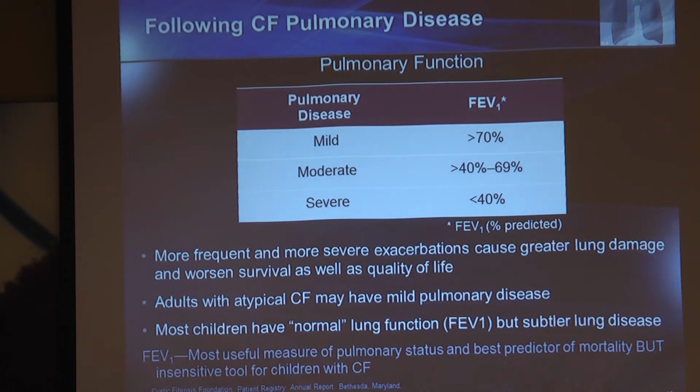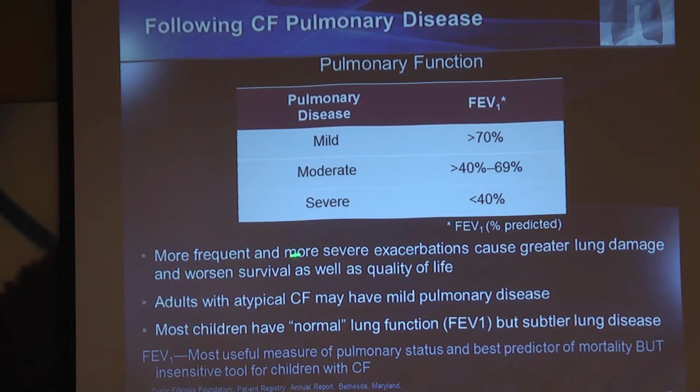The problem with that is, as an insensitive measure, most children with CF these days don't have abnormal FEV1s. If it's over 80%, it's considered normal. And so there is really a difficulty in detecting a change. The higher your baseline level is, the harder it is to show an improvement, for example, with a new treatment.